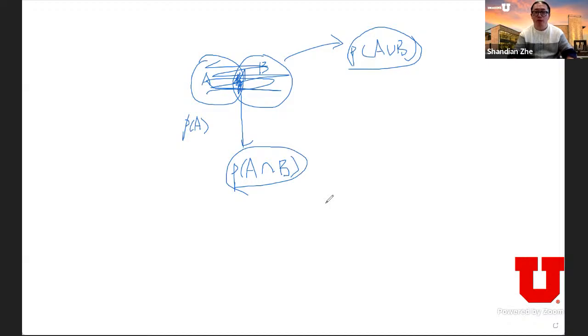Of course, if you have multiple events, multiple sets overlapping, and you still want to calculate the probability of their union, you have to use more complex operations.